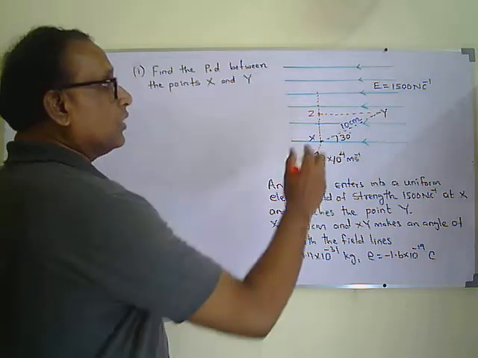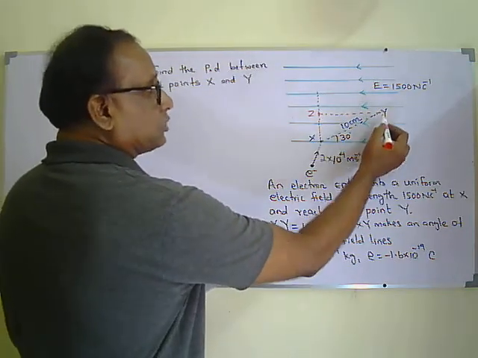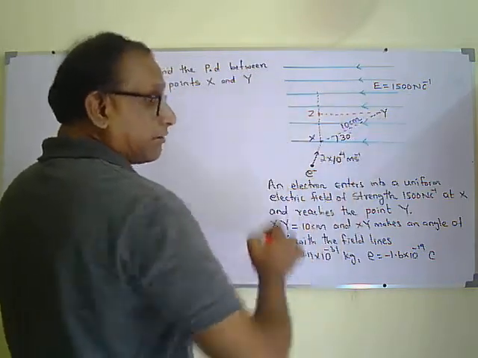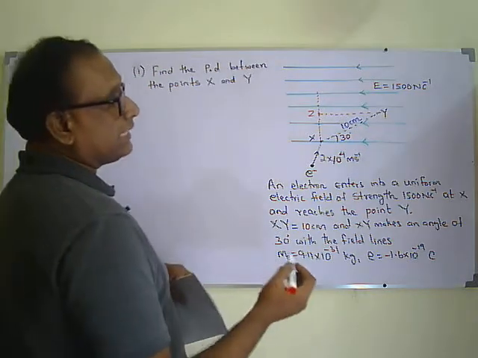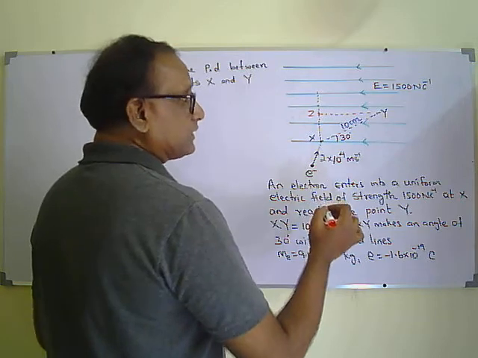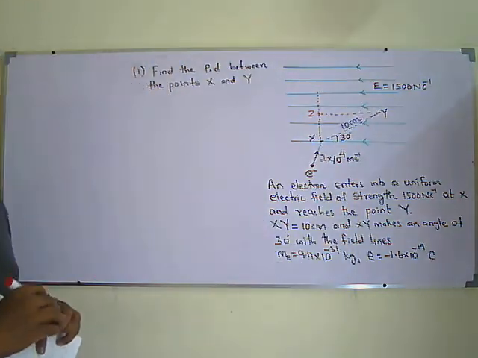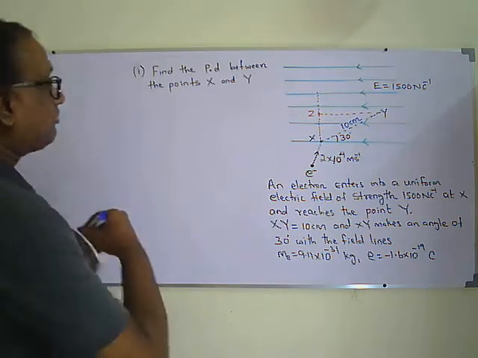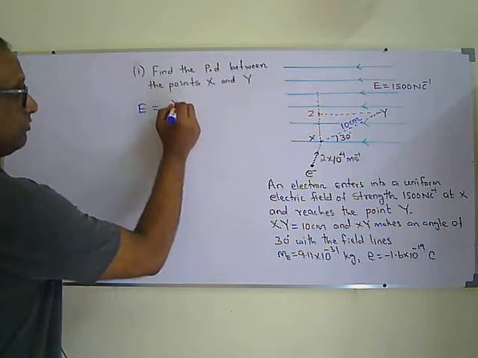So I draw a vertical line, that's an equipotential surface. Then I draw a line from Y to this line such that it is at right angle to the equipotential surface. So instead of finding the potential difference between X and Y, I can find the potential difference between Z and Y. And we learned that in a uniform electric field, the electric field strength and the potential difference are given by E = V/D.